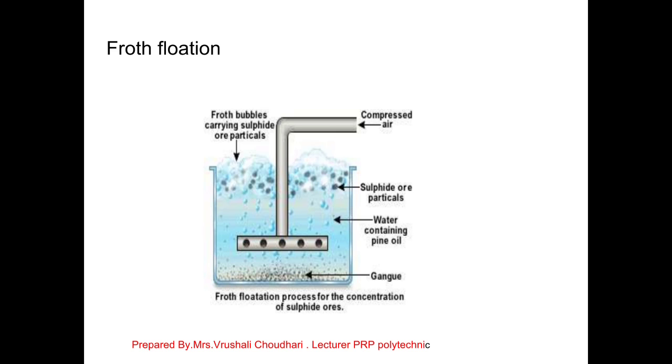As stirring takes place, it is going to form a froth, that is bubbles, and these bubbles only attach to the sulfide ores, and these bubbles are lighter than the water particles or the impurities, so they are going to float on the surface. So sulfide ore will be floating on the surface, while impurities, that is the blackish powder, the gangue, settle at the bottom of the tank.